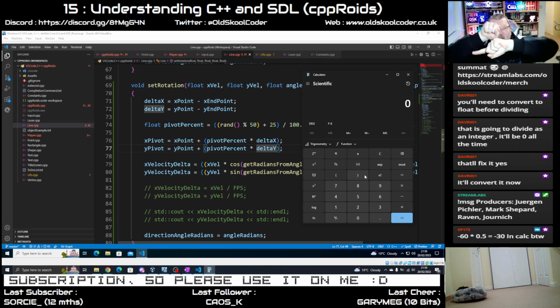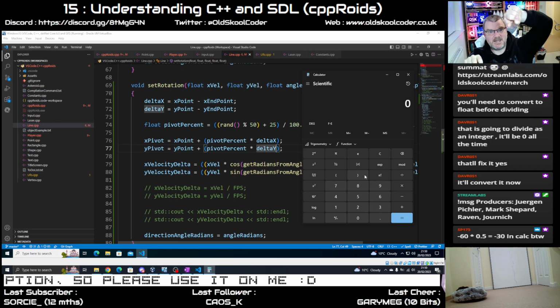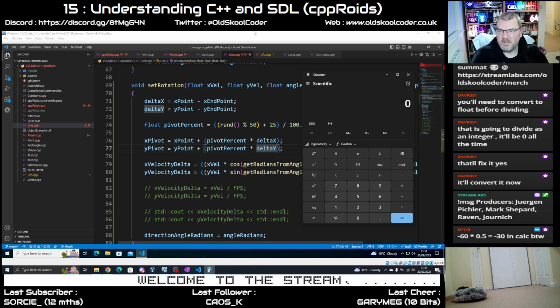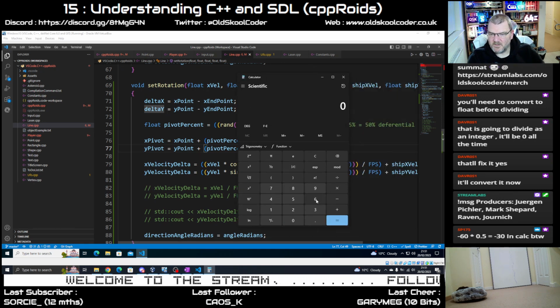But if you do it the other way round, where your end point is at 10, 10 and your point is at 100, 100, then you'll end up with minus 90, because it's 10 minus 100. But when you multiply a negative number, say minus 60, by 0.5, with the center point in the middle, oh.